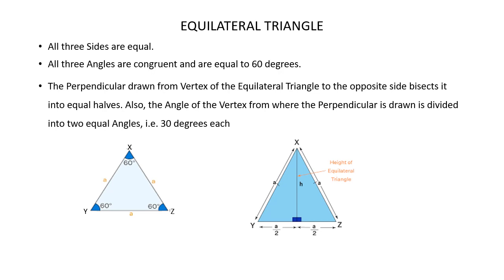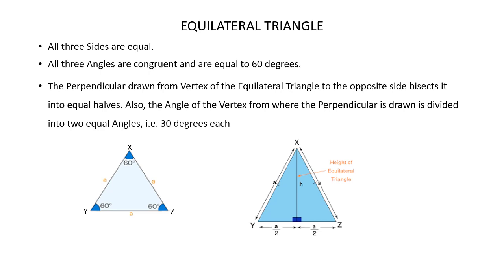Now, if you draw a perpendicular from say vertex X to the opposite side, that is YZ, then this perpendicular will divide this triangle into two halves. Now we know that YZ is a.